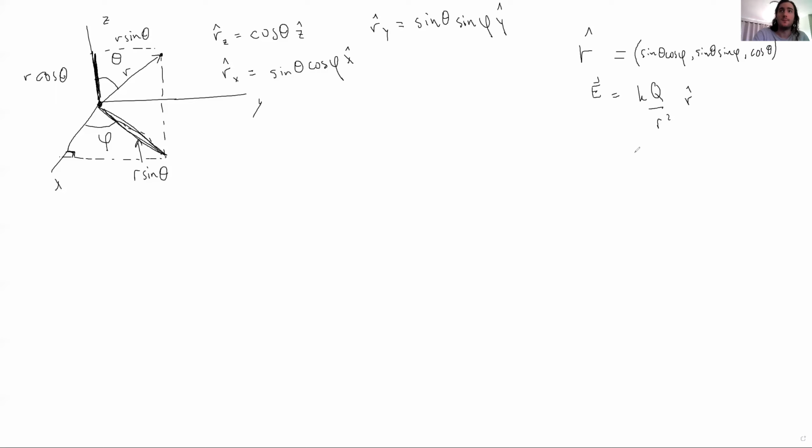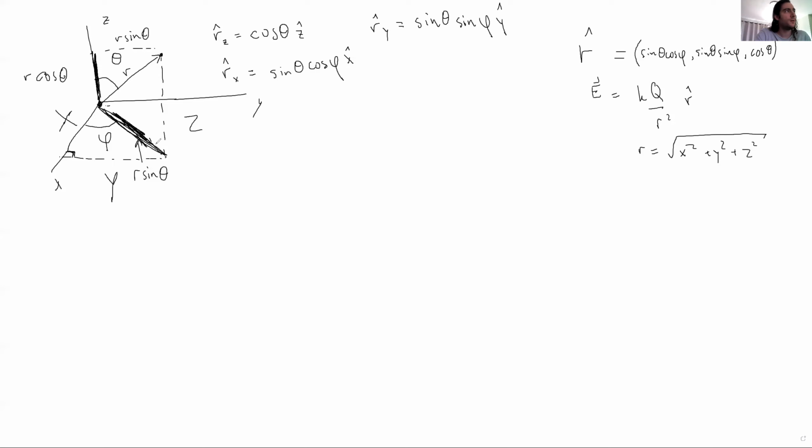What is r? Well, r is the square root of x squared plus y squared plus z squared, right? r is always written as the square root of x squared plus y squared plus z squared in 3 dimensions. That's the Pythagorean theorem there, right? For 3 dimensions. x component squared plus y component squared plus z component squared. You can see that just from here. Here's x, here's y, and here's z. So this hypotenuse here is the square root of x squared plus y squared.